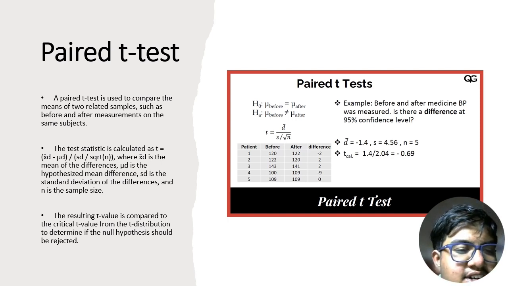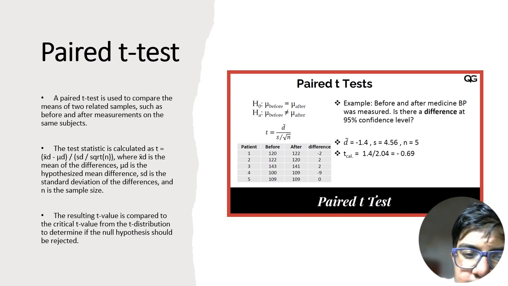The resulting t-value is compared to the critical t-value from the t-distribution to determine whether the null hypothesis should be accepted or rejected. Please do see the photo for more examples here.